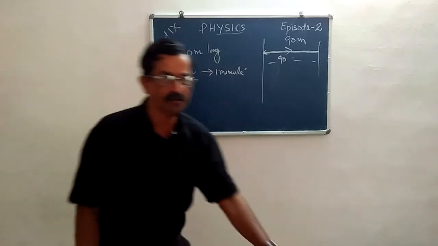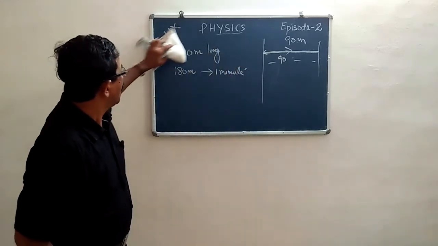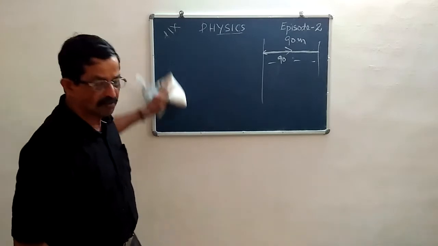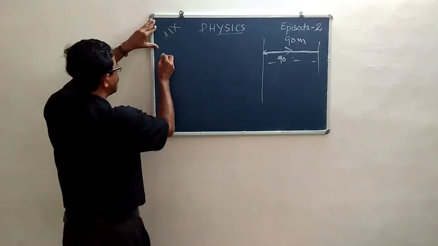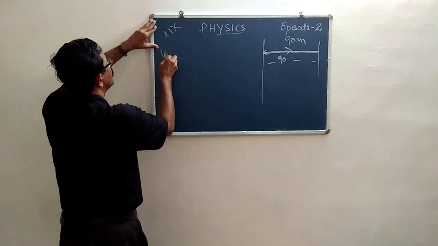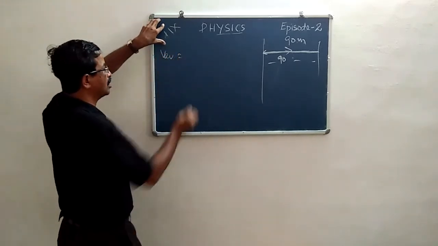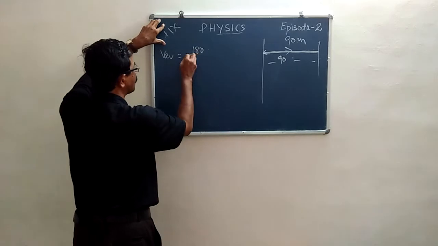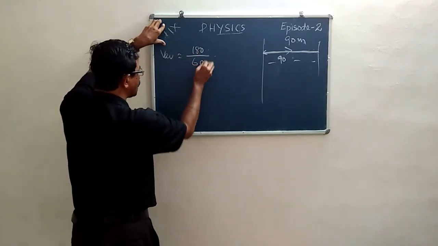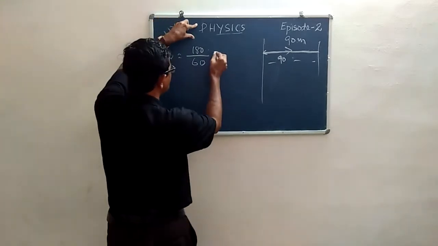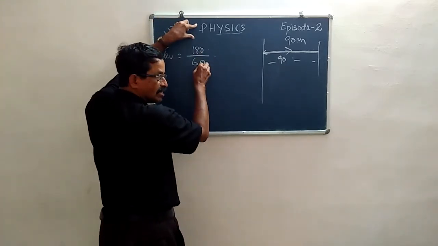So what we want to find is the average speed and average velocity. We know average speed is equal to total distance, 180, by total time, 1 minute, means 60 seconds. That is equal to 180 by 60.